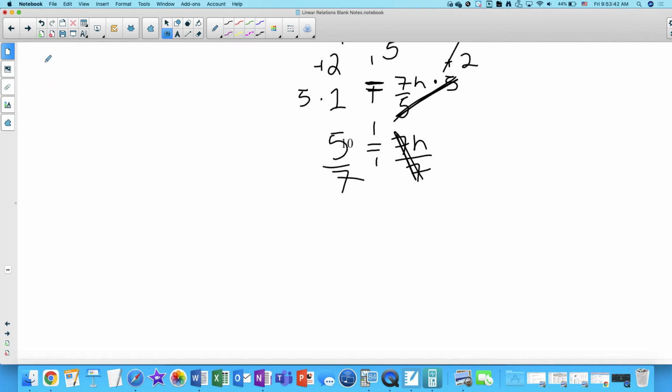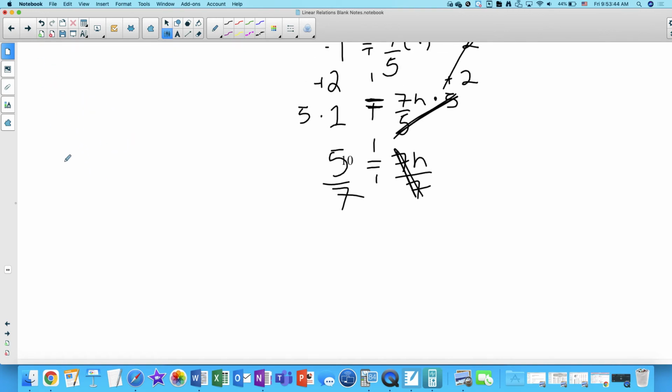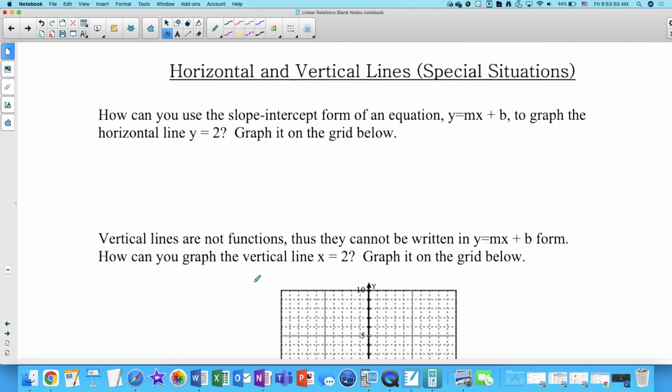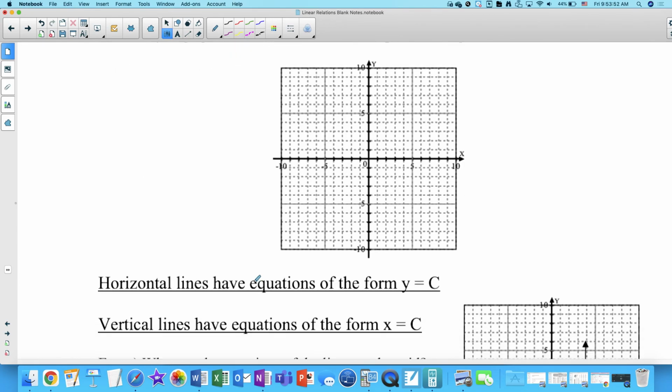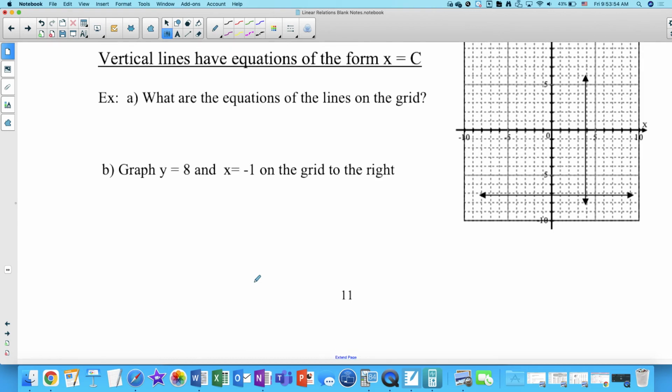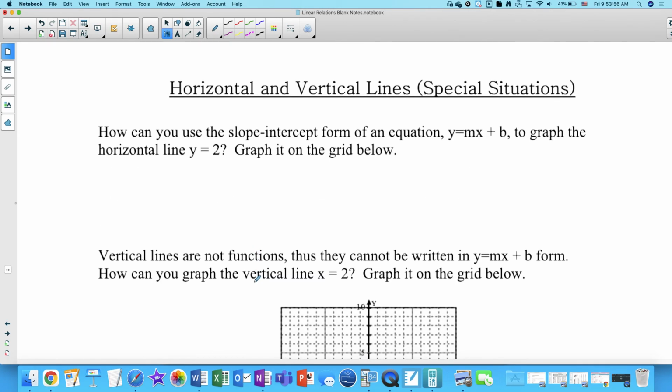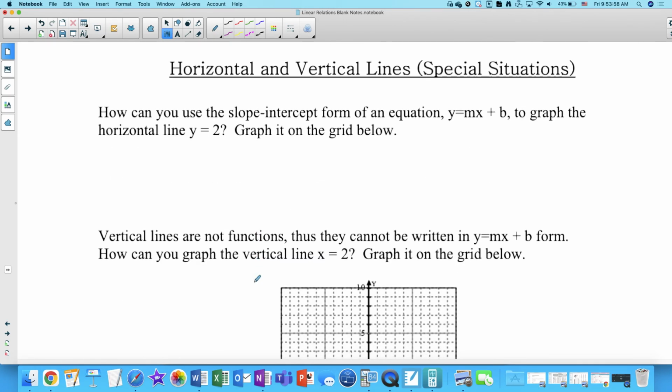Last thing I just want to review, and we already talked about this on Monday actually, is horizontal and vertical lines. But now we have a little bit more information about slope and y-intercept, so I want to talk about that too. Okay? So how can you use the slope form of the equation y equals mx plus b to graph the horizontal line y equals 2?